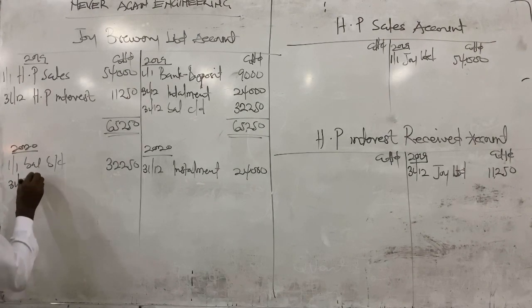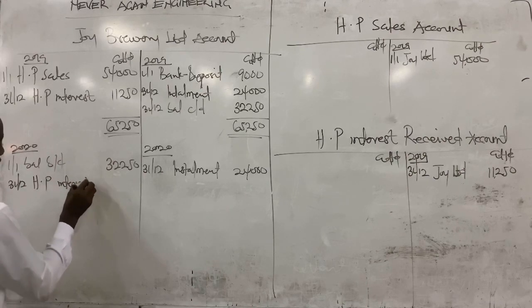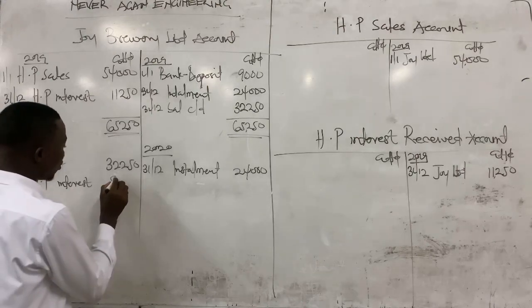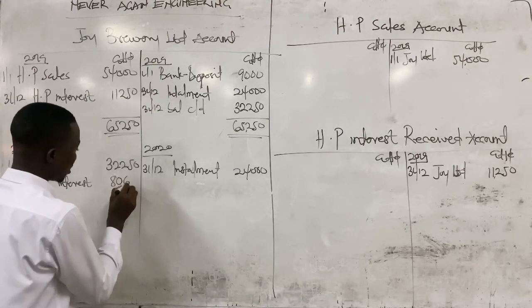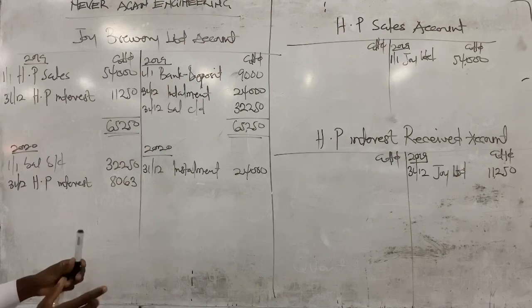We have hire purchase interest of 8,062.5. So to the nearest whole number, 8,063. All right. So we have to close off this account because the year has ended.